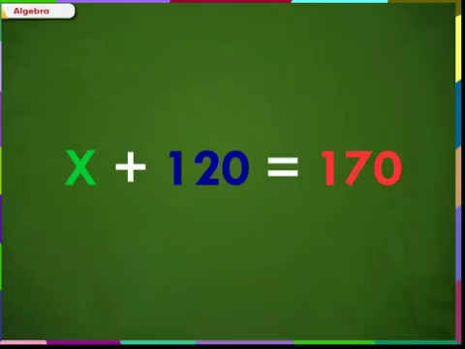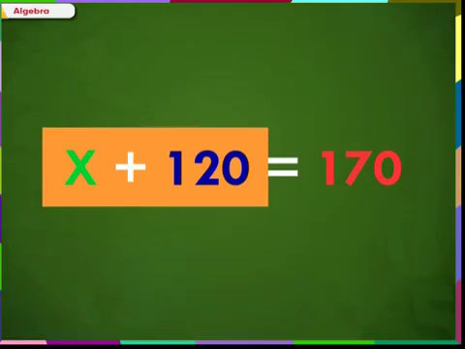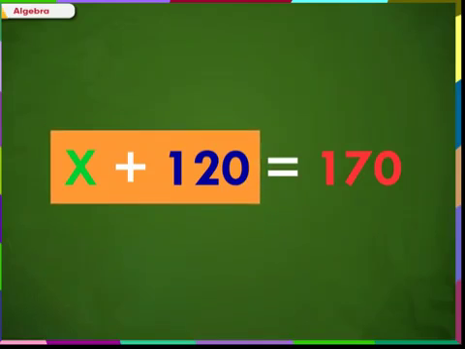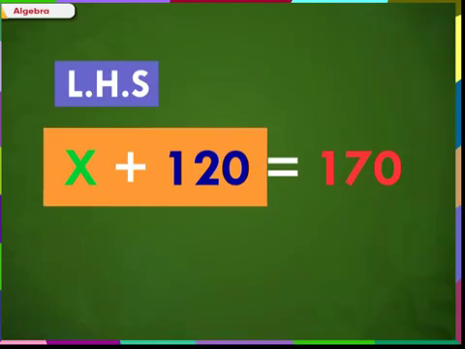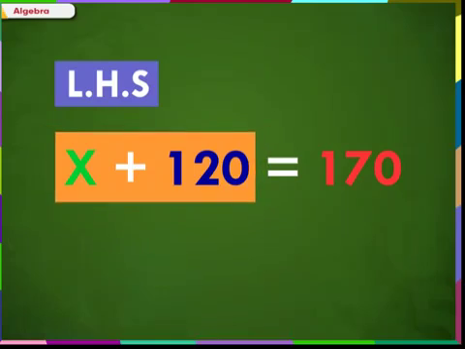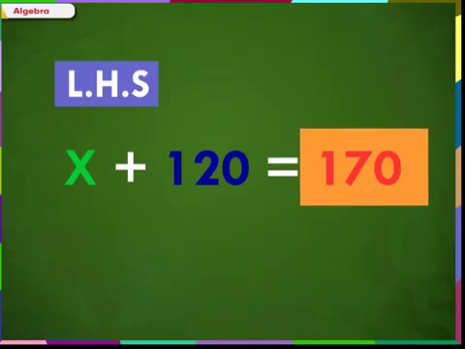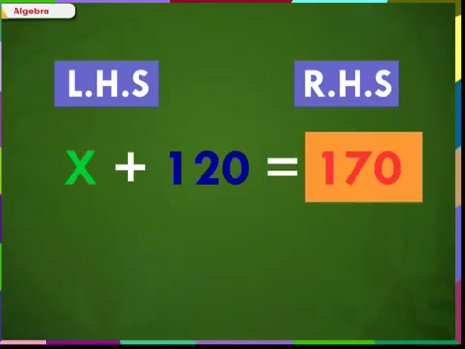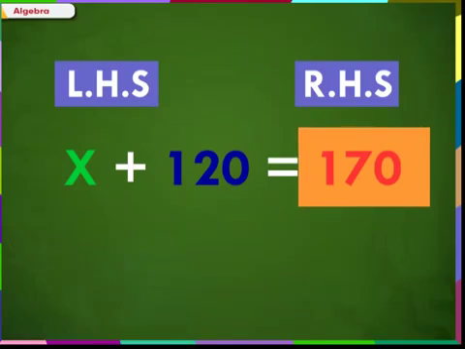An equation has 2 sides. The quantity on the left of the equal to sign is usually called the left-hand side, in short, LHS. And the quantity on the right of the equal to sign is called the right-hand side, in short, RHS.